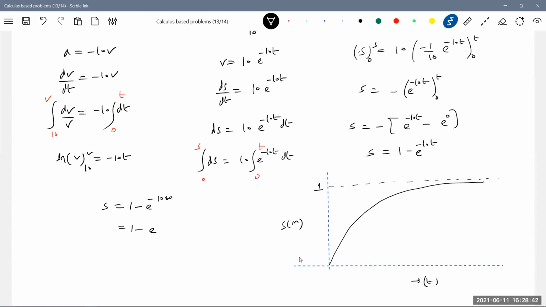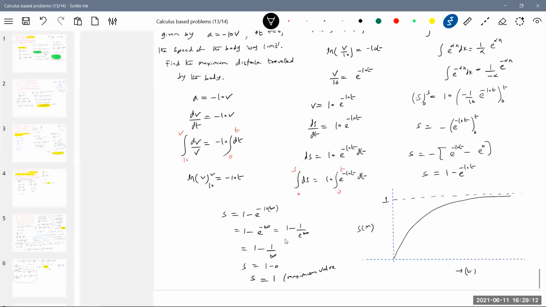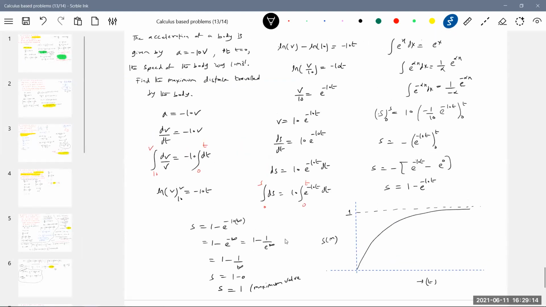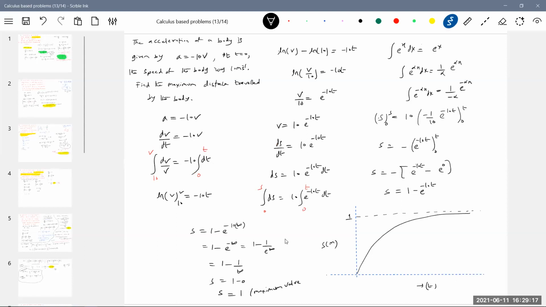Anything multiplied with infinity will be infinity, e to the power of infinity will be infinity, and 1 by infinity is 0. Finally I get this is the maximum value, no? What is this? It will travel only 1 meter. This is the object whose motion is described. You should be very strong in your mathematical abilities. Very, very, very strong.